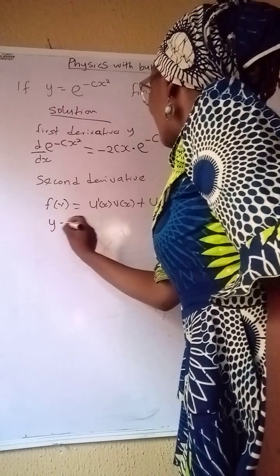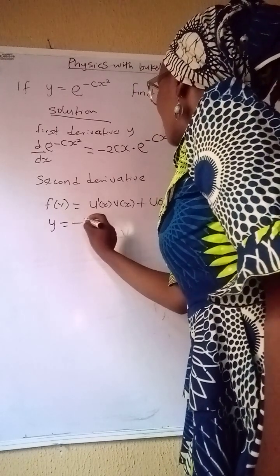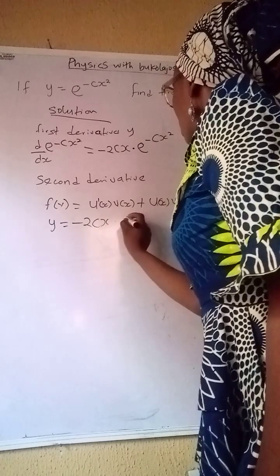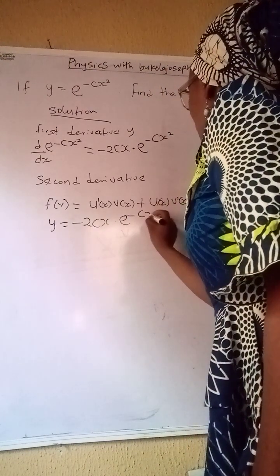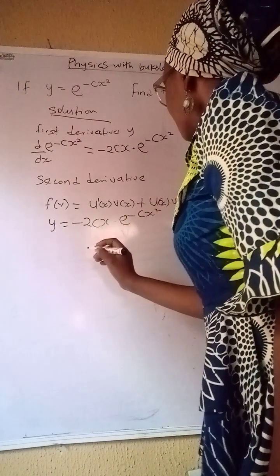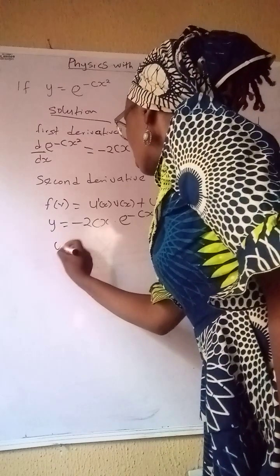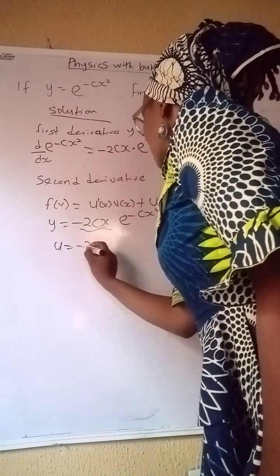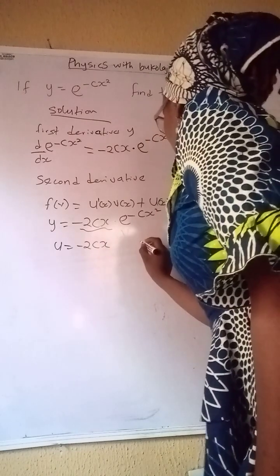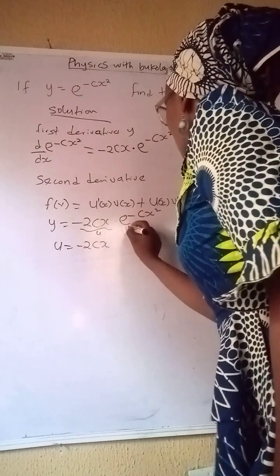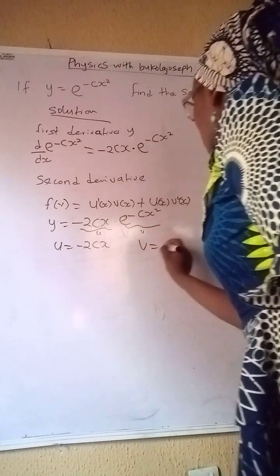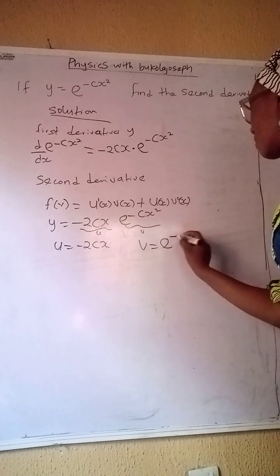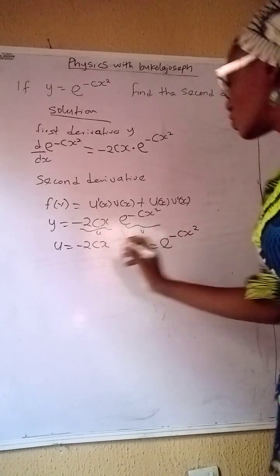We'll take our y this time to be minus 2cx, because we want to differentiate it for the second time. So if u is minus 2cx, this is u and this is v, we have v equal to e^(-cx²).